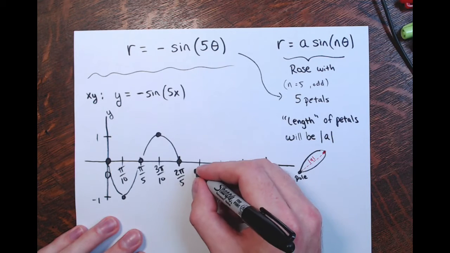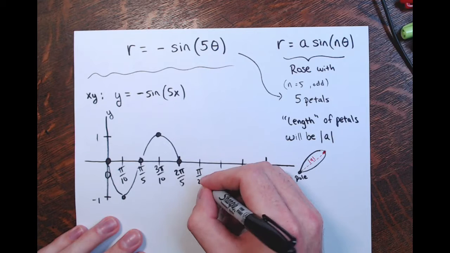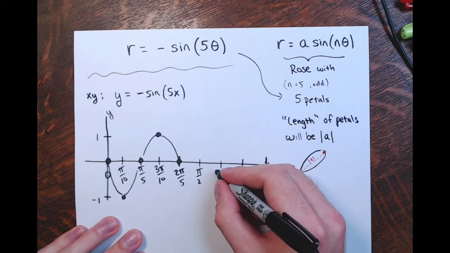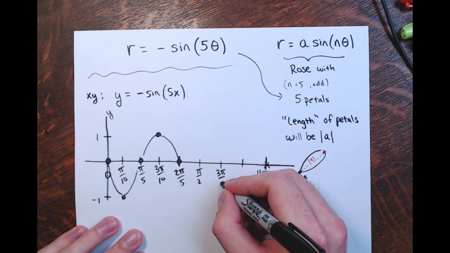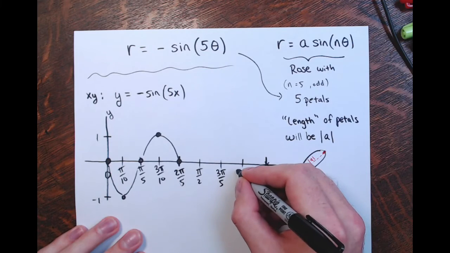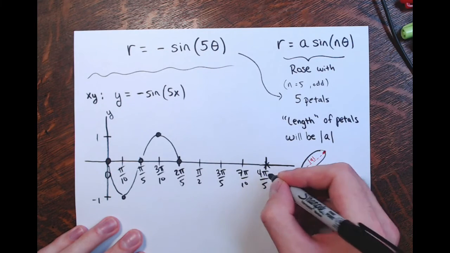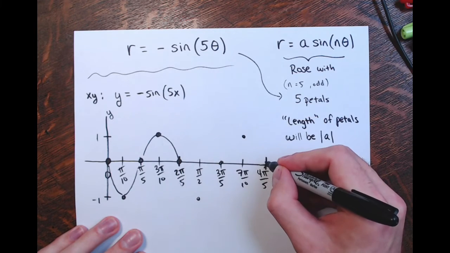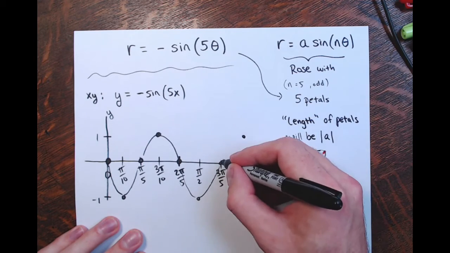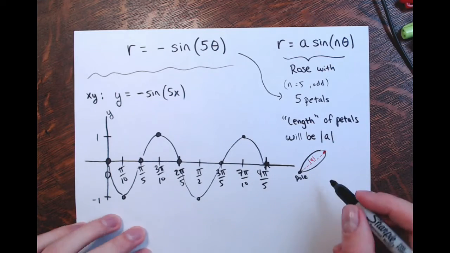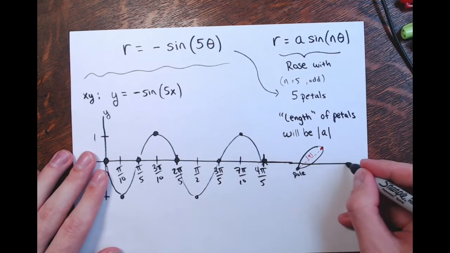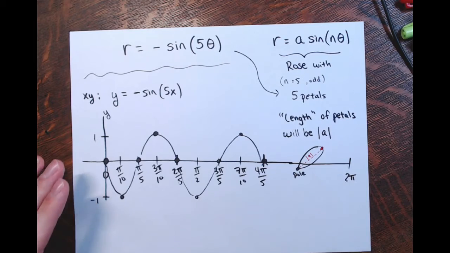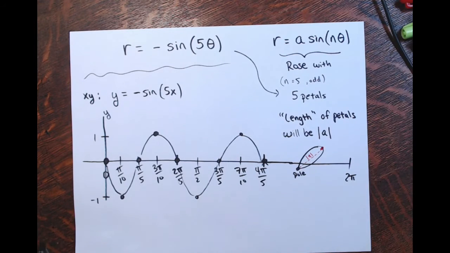So it's 4 pi over 10, this is 5 pi over 10, 6 pi over 10, 7 pi over 10, and then 8 pi over 10, and again the picture would repeat, and so on. I would do this until I got to 2 pi, and again, I'm hoping that after a little bit we'll see enough of a pattern to fill in the rest of the graph when we get through this.